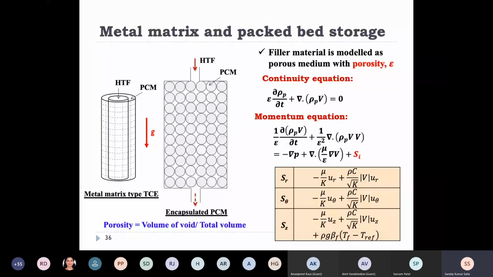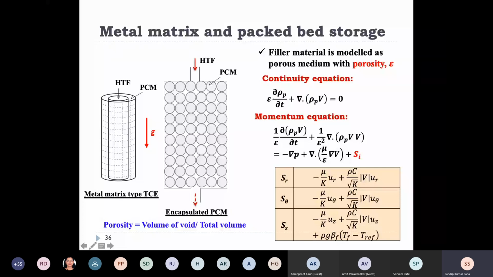the porosity of the material, or of the container. So porosity means volume of void divided by total volume. So for the metal matrix, and in this case for the encapsulated bed PCM, you have to understand a little bit and be careful about implementing the equation.